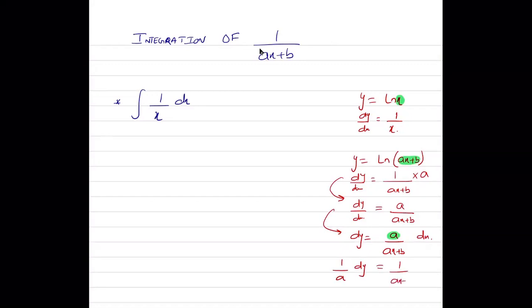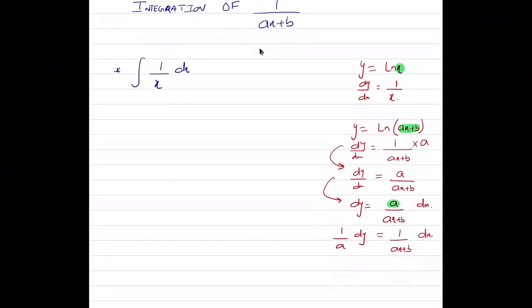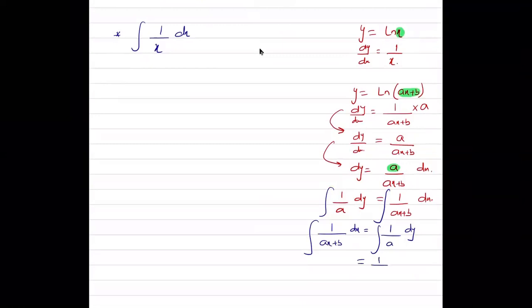On the right-hand side, you get ax plus b dx. So the integration of 1 upon ax plus b dx is the same as the integration of 1 upon a dy. 1 upon a is just a constant value, and integration of 1 dy is y.